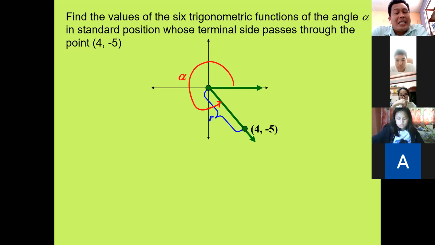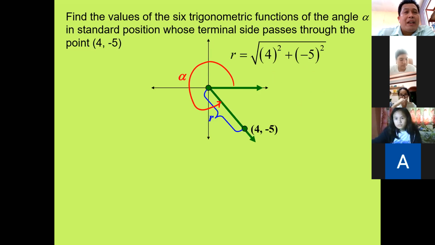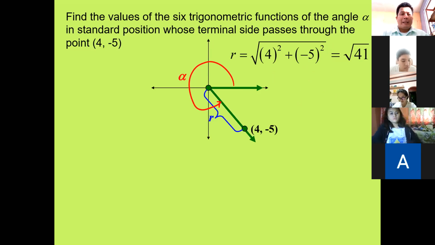You already have the x value, which is equal to 4. The y value is equal to -5. And for the value of r, you can just use the formula r equals the square root of x squared plus y squared. We already have x and y as 4 and negative 5 respectively, so your r is equal to the square root of 41.